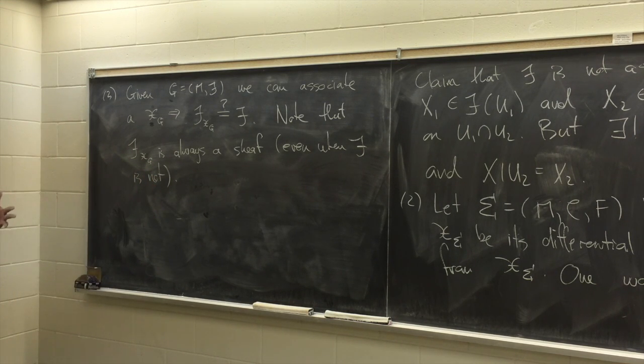Therefore this association of a differential inclusion to a presheaf, and then from the associated differential inclusion back to a sheaf, will generally not end up back where you started. And that's one reason why. There are other reasons why too.